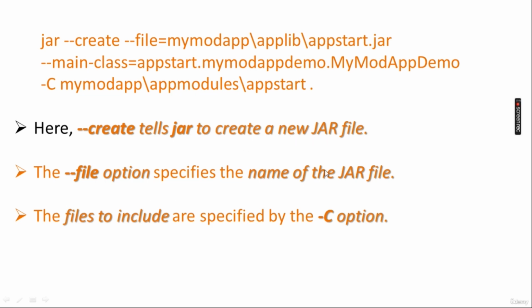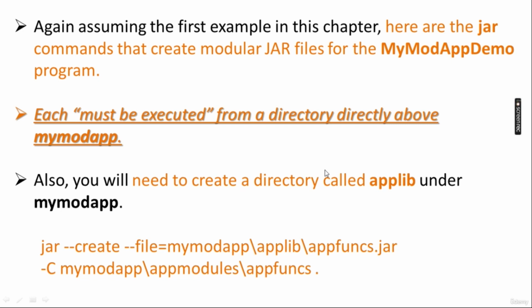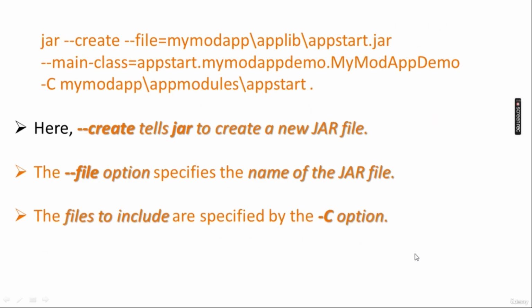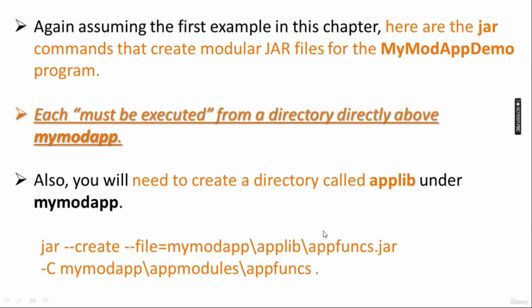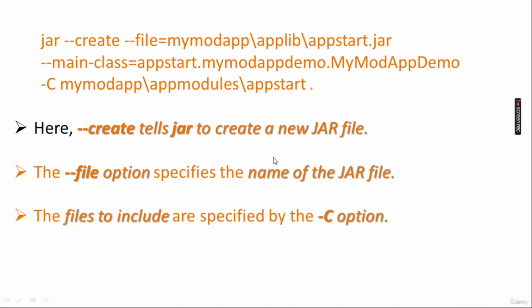The file option specifies the name of the JAR file. The name is MyModApp/applib, which you have created as a folder. Here it will create appfunctions.jar. Then the files to include are specified by -C, so these files are to be included: MyModApp/appmodules/appfunctions.